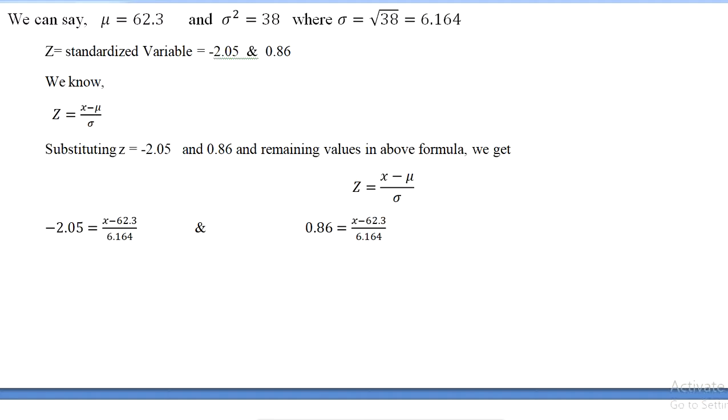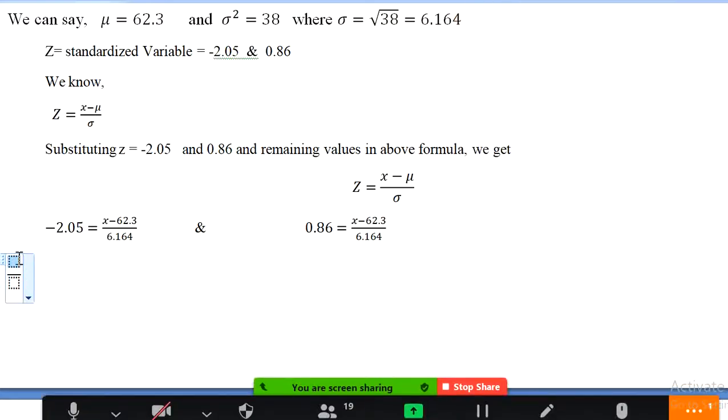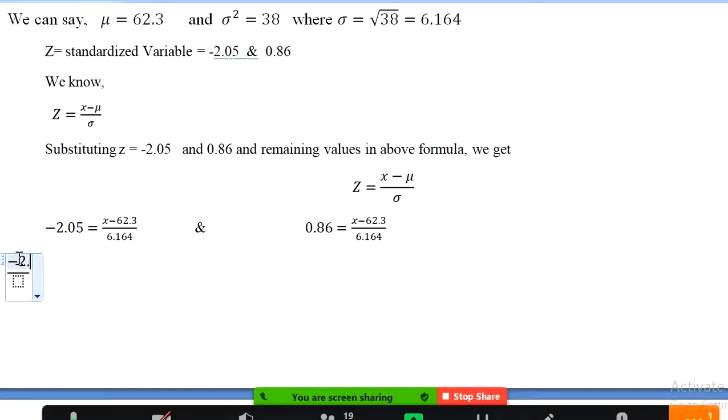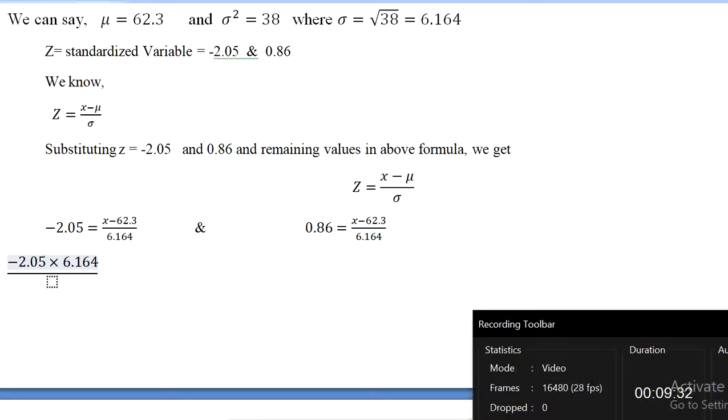That means minus 2.05 into 6.164. Alright, I'm back.